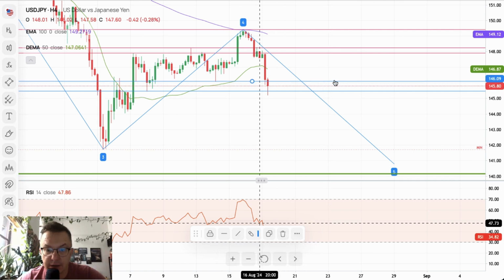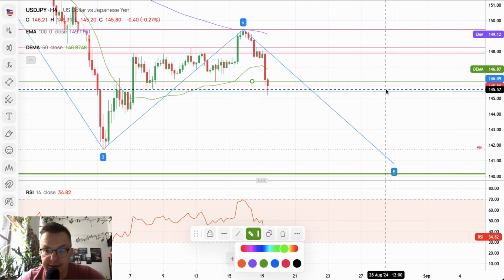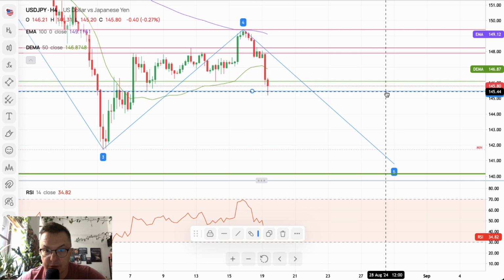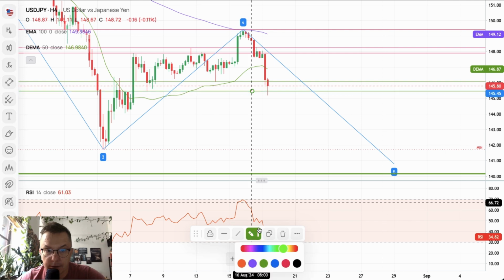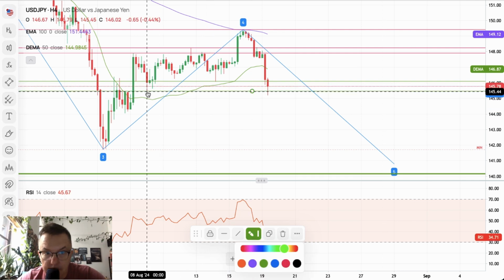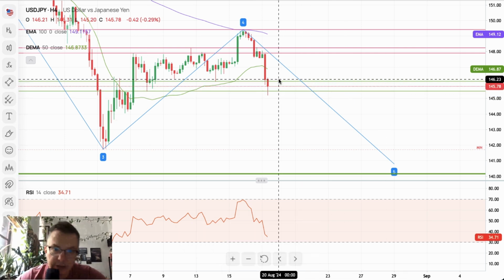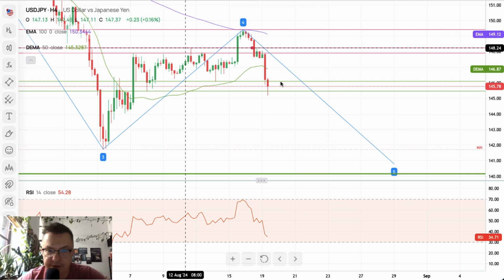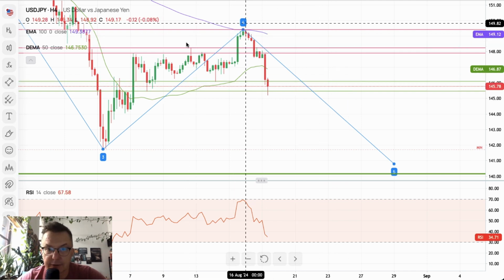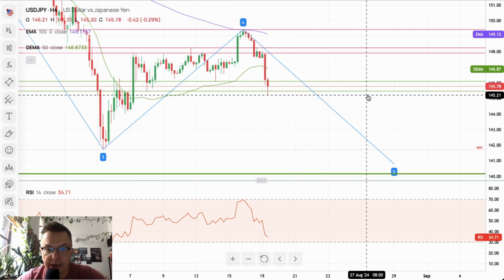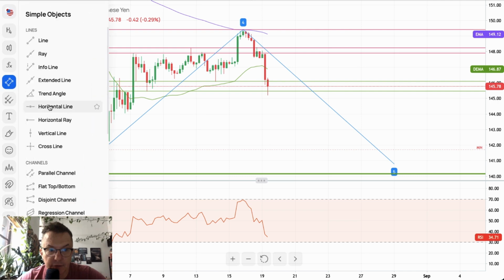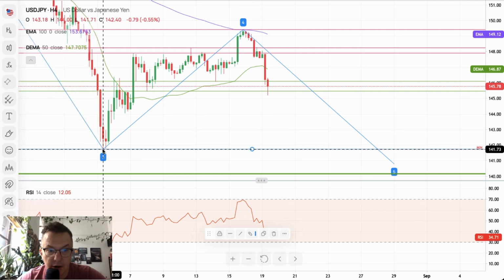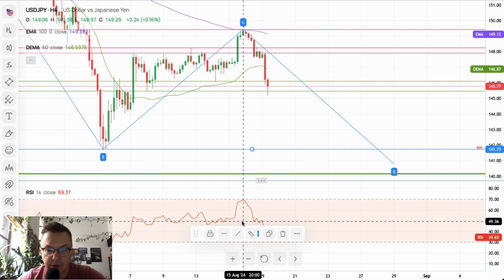Just recently the market has been seen testing the lows of 145.45. So I will leave it green for the technical support. Maybe the market will do some sort of movement up and down before the final breakout lower towards 141.43.